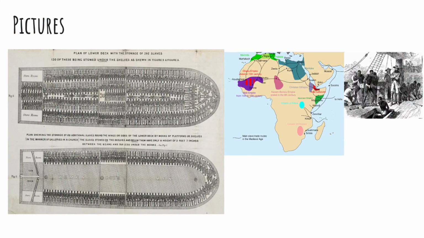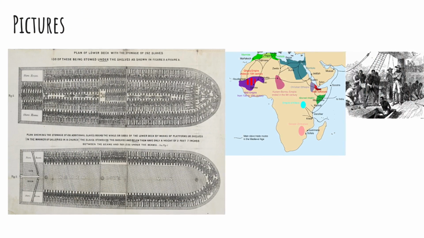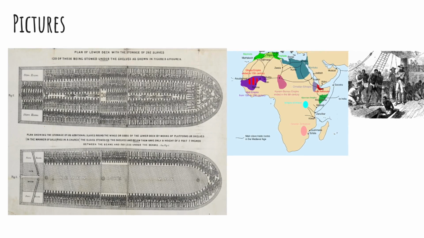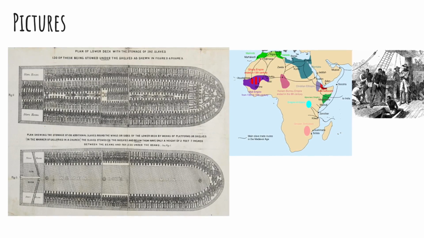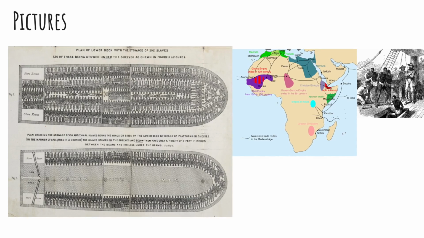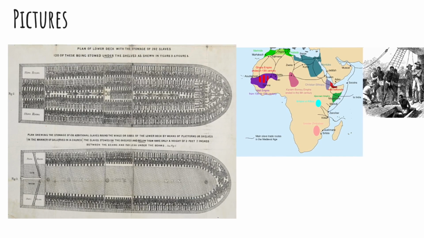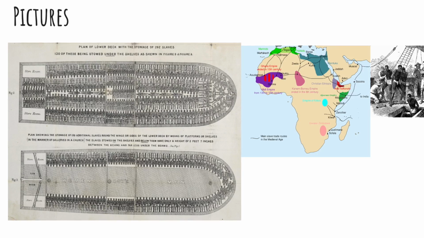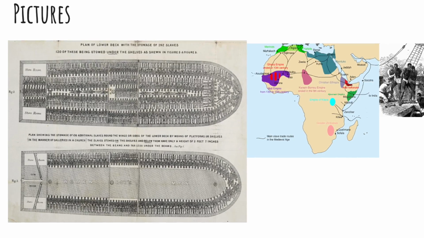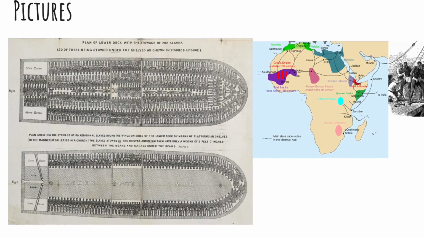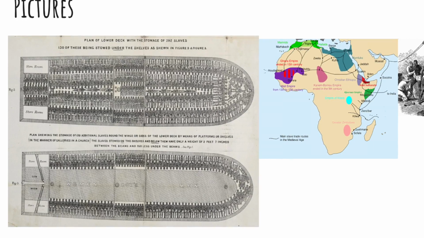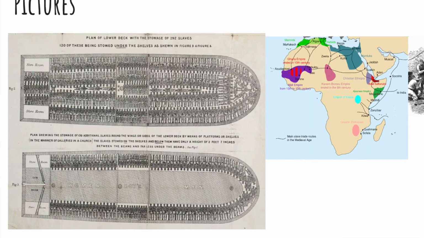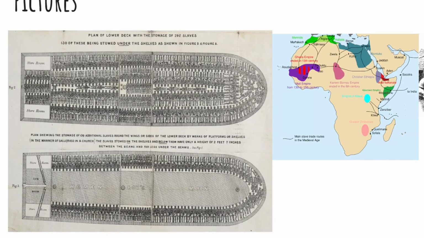These are pictures of what the slave quarters look like. I don't know if you can see very closely here, but they're tight, folks. And then in some of the vessels, they would even put the slaves on shelves, as you would do, I don't know, books, pottery. So you can imagine the shelves were very small.